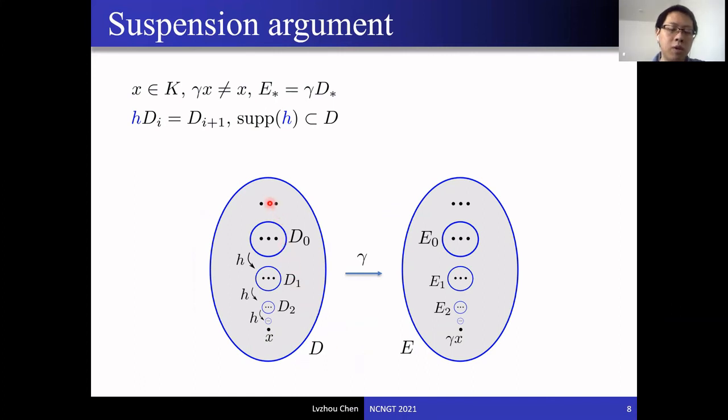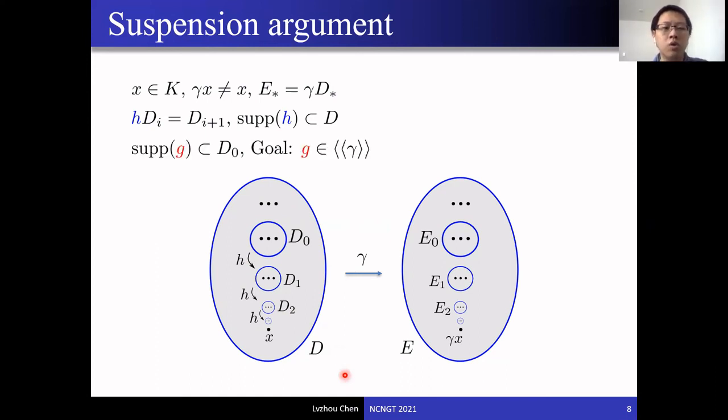And here we picture the Cantor set in D as a sequence of Cantor subsets converging to this point X, so that we can construct a sequence of dividing subdisks D0, D1, D2, and so on, converging to X, together with a mapping class H supported in the dividing disk D, taking D0 to D1, D1 to D2, and so on. So it's almost like a dilation, and we also make it so that it preserves the Cantor set. Therefore, we can think of H as a mapping class in our big mapping class group.